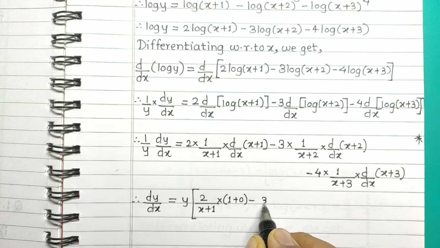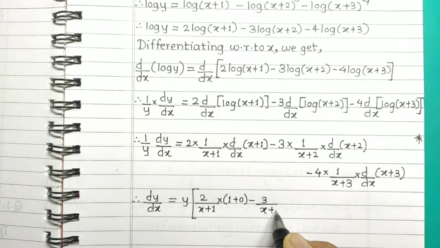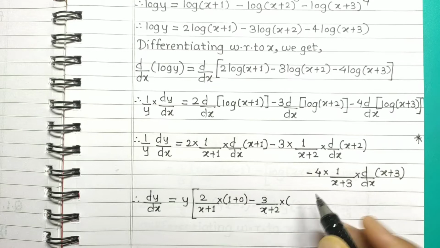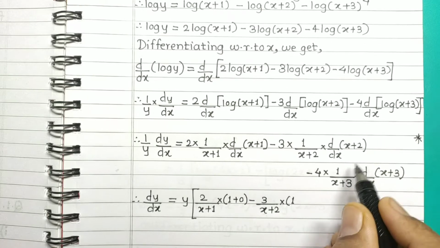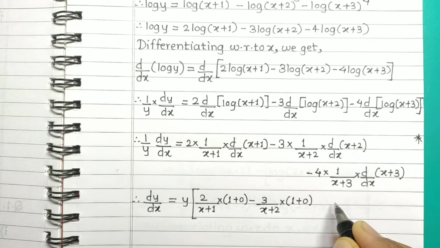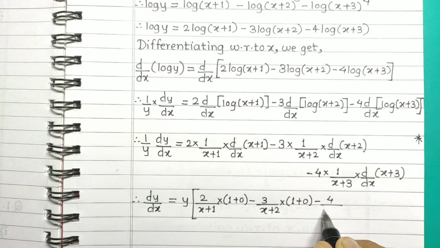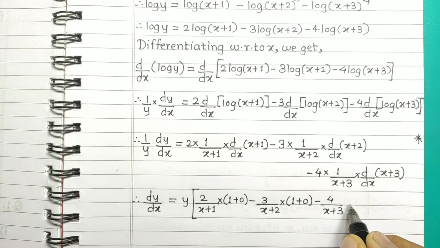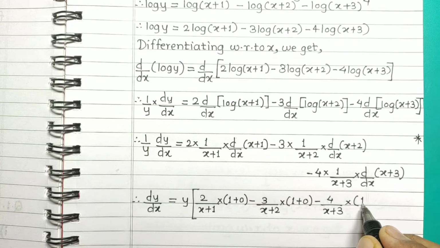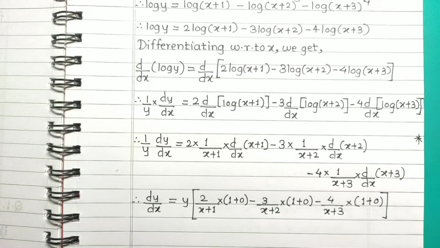Minus 3 upon (x plus 2) into the derivative of x, which is 1. Since 2 is constant, its derivative is 0. Minus 4 upon (x plus 3) into the derivative of x, which is 1, and since 3 is constant, its derivative is 0. Okay, so we have this.